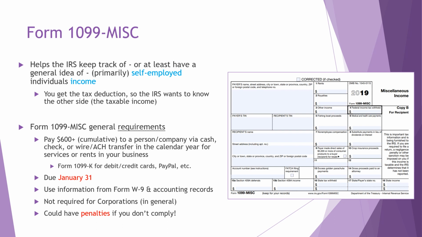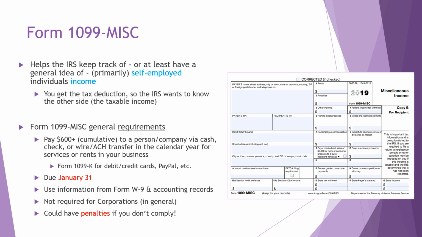The Form 1099 Miscellaneous is due January 31st after the year ends, and that's a pretty quick turnaround time. So that's one reason that we stress the importance of getting Form W-9s throughout the year and staying on top of your accounting records. Now, in general, you actually aren't required to send out a Form 1099 Miscellaneous for payments to corporations, and you'll know this based on the box that they check on their Form W-9, whether they're a C corporation, an S corporation, or an LLC taxed as a C corporation or S corporation.